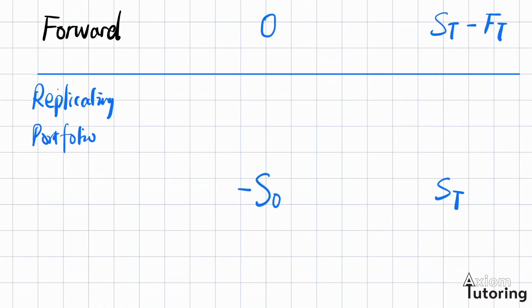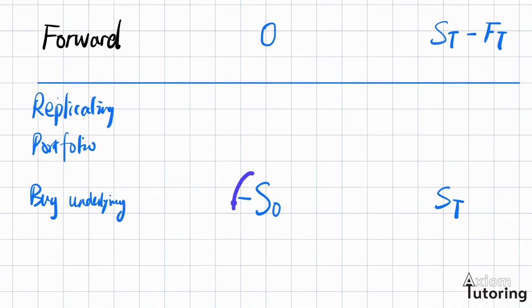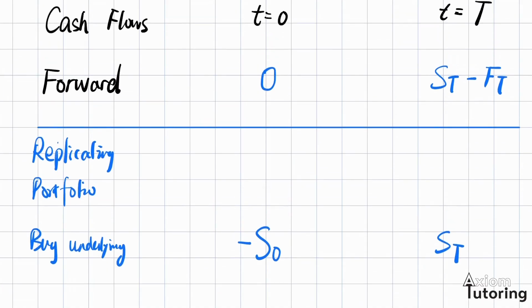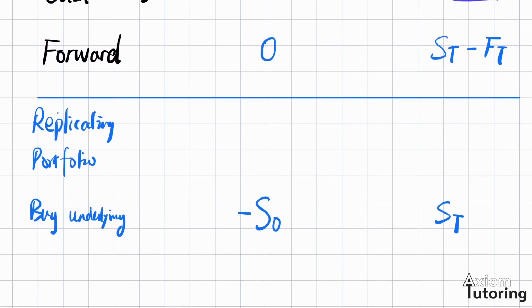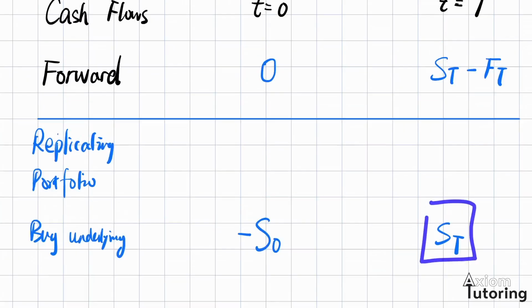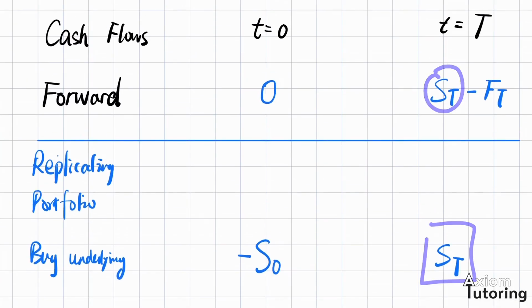So the first step is to buy the underlying. At time 0, you would have a cash outflow of S_0, and at time T, you can just sell it at the spot price. So you would have a cash inflow, or positive cash flow, of S_T. So this part is already done.